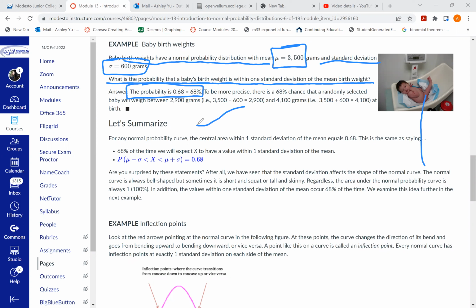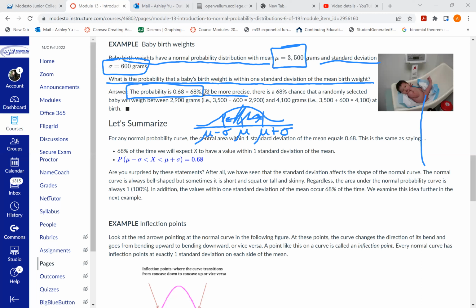Because if you draw the curve, here's mu, and they want it to be within 1 standard deviation of mu, which is exactly what we had in that curve above, mu minus sigma. The values below don't really matter, but if you say you want it to be within 1 standard deviation higher or lower than the mean, that calculates the area beneath the curve, which they said was 0.68.